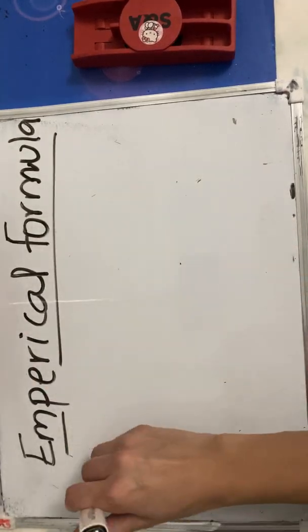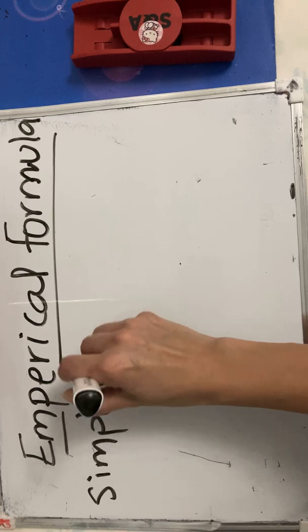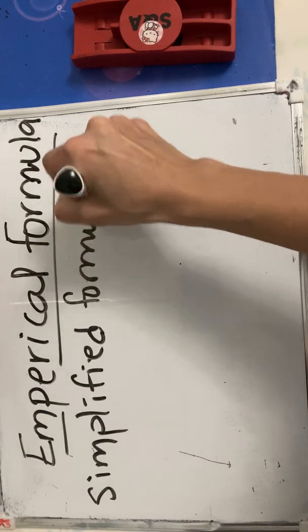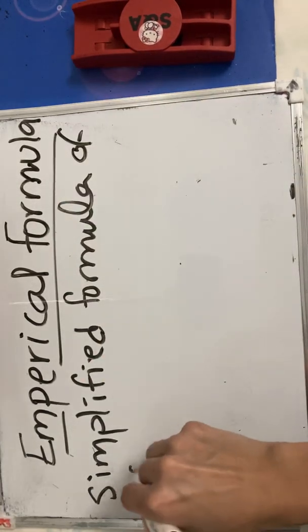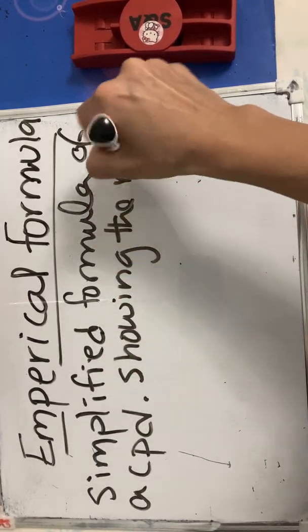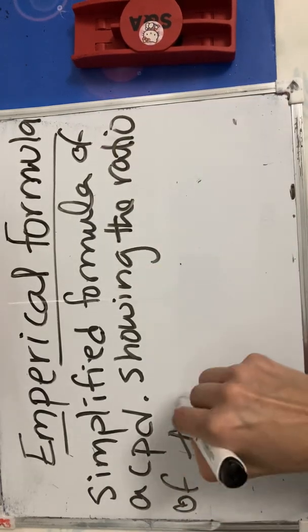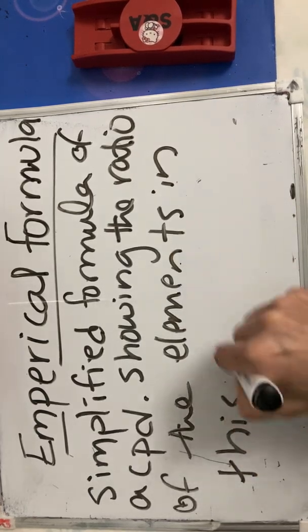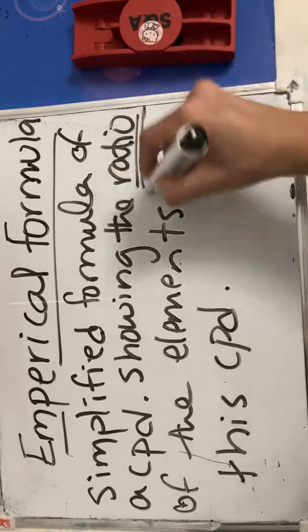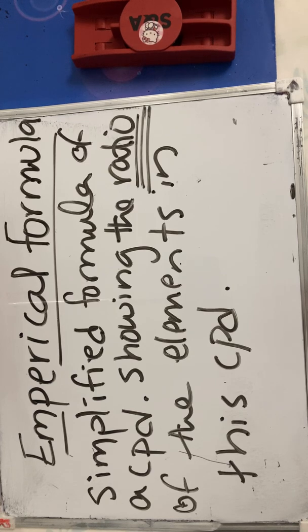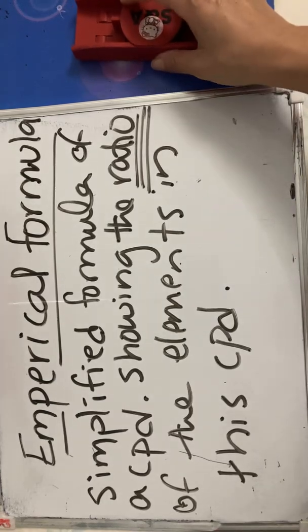An empirical formula is a simplified, it's not realistic formula, it's just a simplified formula of a compound showing the ratio of the elements in this compound. And the word ratio here is very important because this is what the empirical formula is about. So let's see now how to calculate the empirical formula given certain percentages.